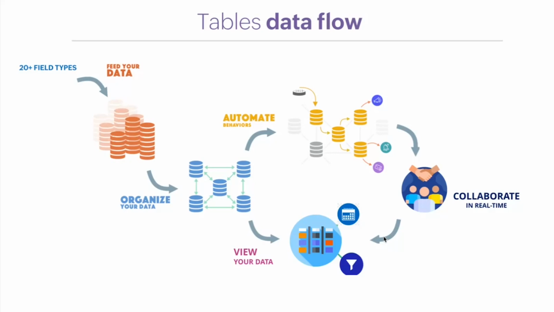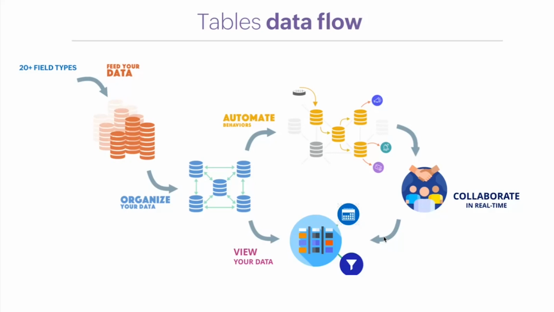And once that is done, for example, if you have a status field and if the status is changed from in progress to completed, this has to be notified to someone so that they can come and take relevant action. For example, they can either approve the work item or they can ask to rework or whatever. So when you have a certain workflow in place, you can automate certain actions in Tables. So that is where Zoho Tables automations come in handy.